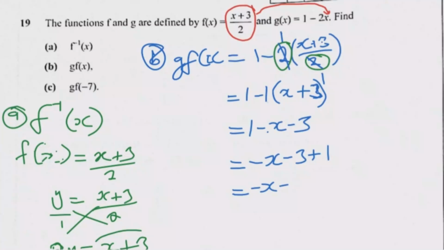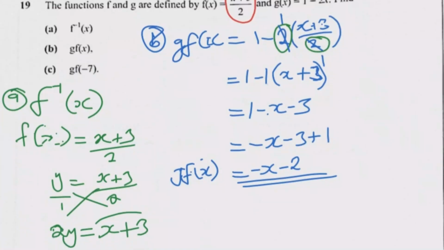So now we find the difference. The difference is 2, so the answer will be negative 2, and this is the final answer. So we can say g of f of x is equal to negative x minus 2.